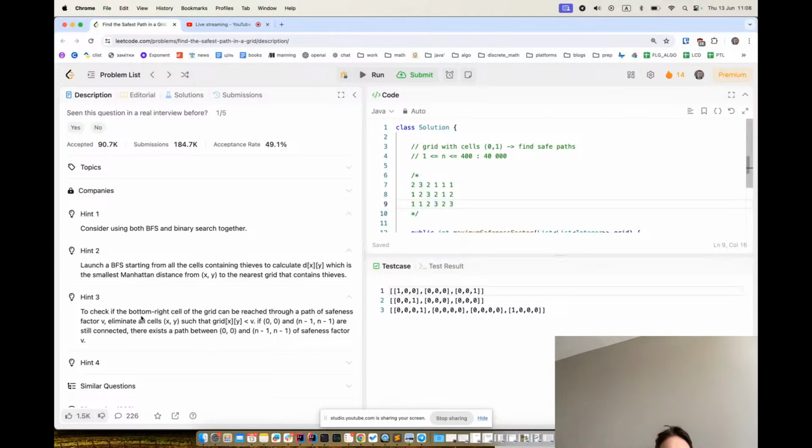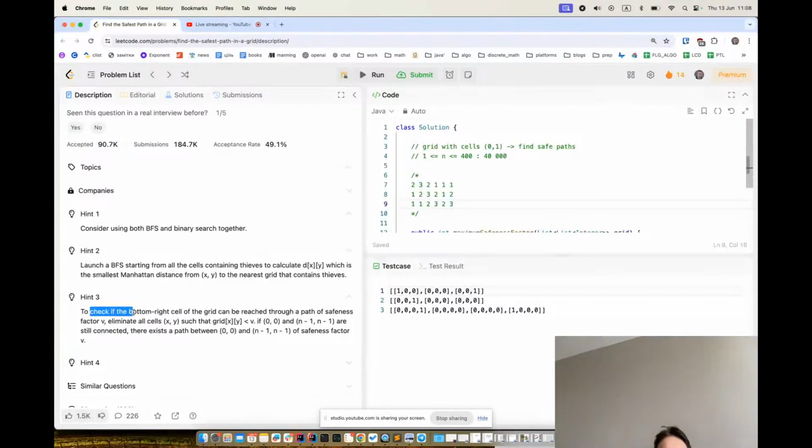Okay, and once again. So we consider using BFS and binary search. We are launching BFS starting from all cells containing chiefs and calculate for each cell the smallest Manhattan distance from XY to the nearest grid that contains a chief.